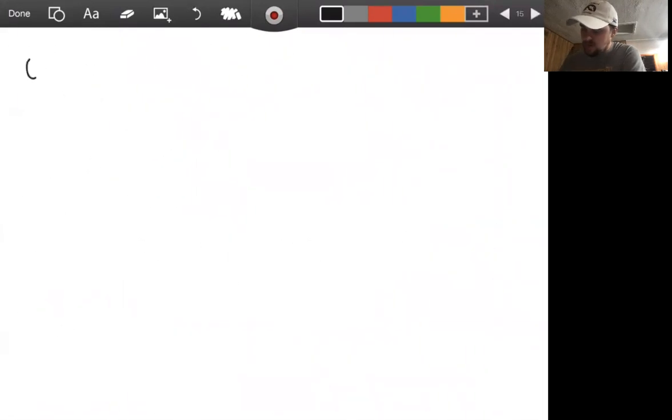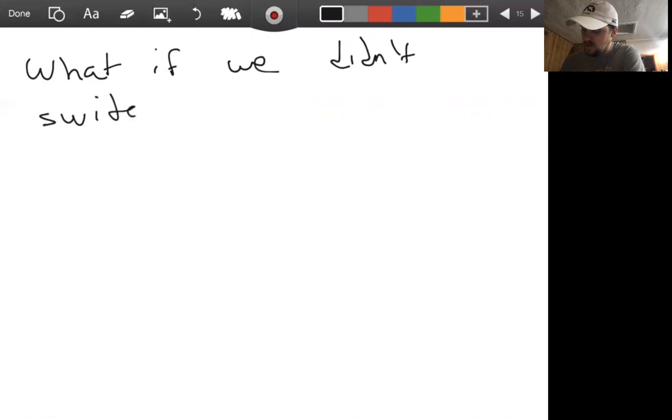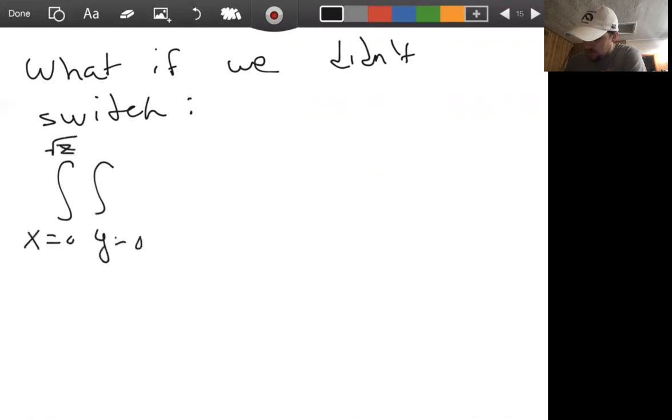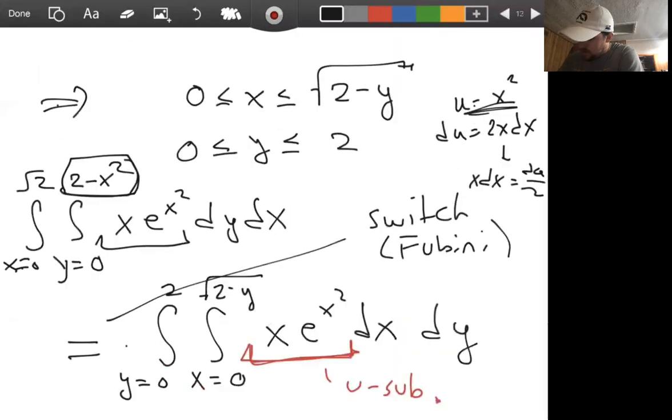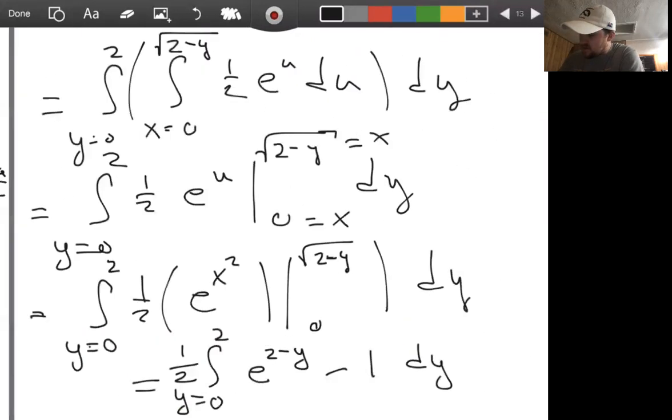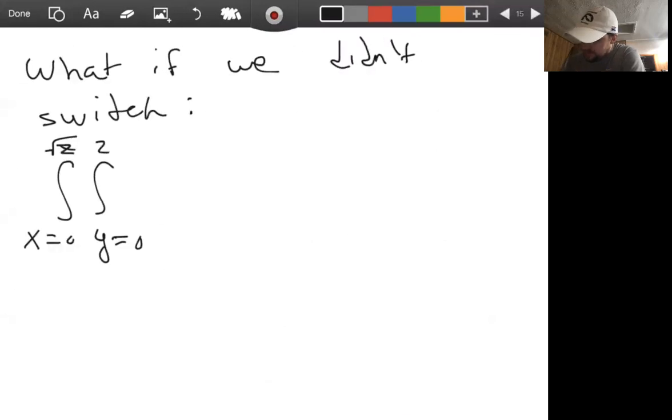What if I didn't switch? What if we had done the integral from x equals 0 to root 2, y equals 0 to, what was it? It was 2 minus x squared. And then x e to the x squared dy dx.